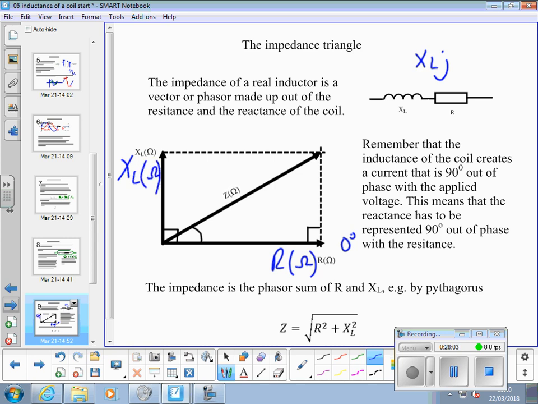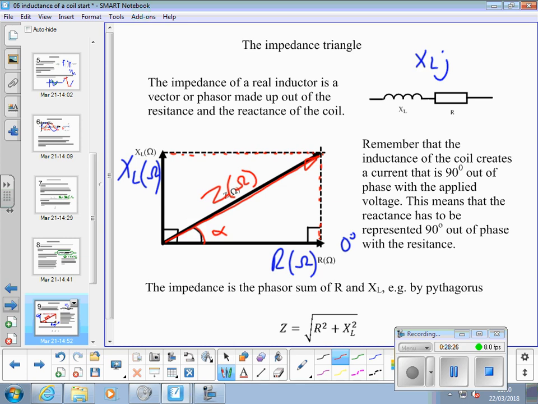If we then complete that parallelogram, like so, and take the diagonal, that is the impedance Z in ohms. And we end up with an angle between that.